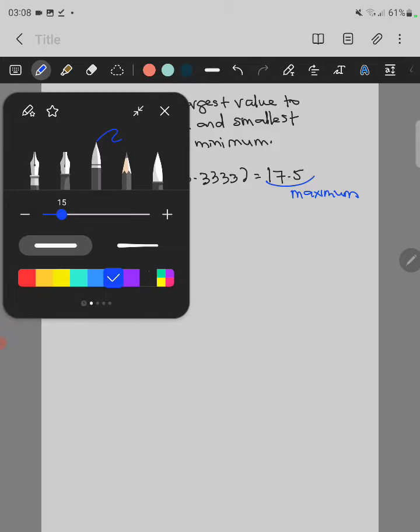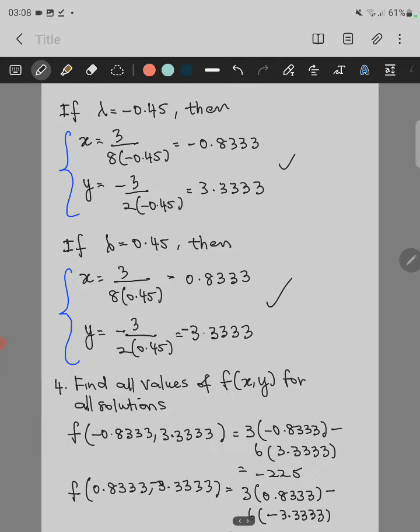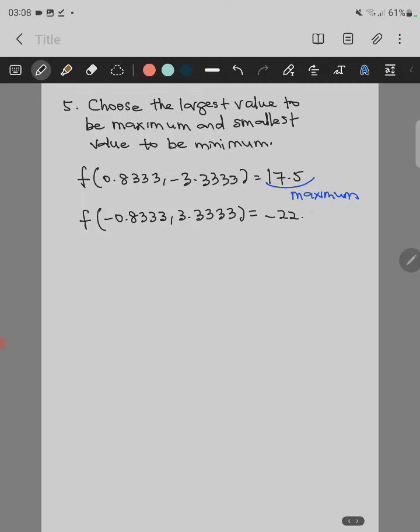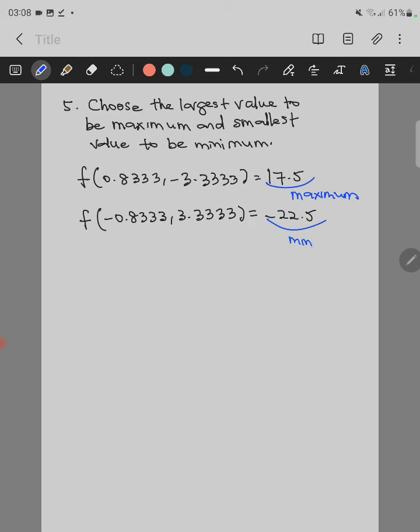And the value of the function at the other point we already calculated is minus 22.5, which will be the minimum value. So 17.5 is the maximum value of our function subject to this constraint, and minus 22.5 is the minimum value.